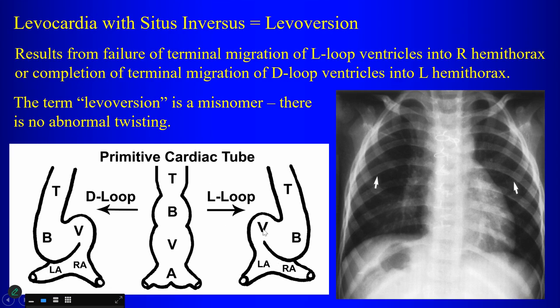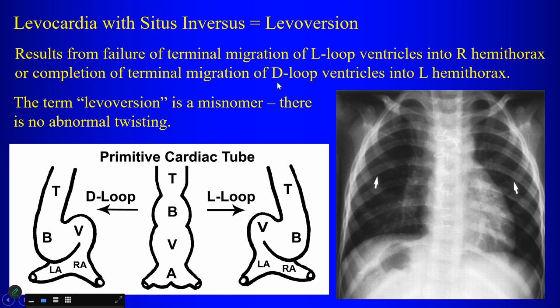If we have L-loop ventricles, right? After it's done the L-loop, the cardiac apex is on the left side. This should then migrate to the right side, to put the apex on the right side because it formed from an L-loop. If it doesn't do that, then the cardiac apex remains on the left side. Okay?